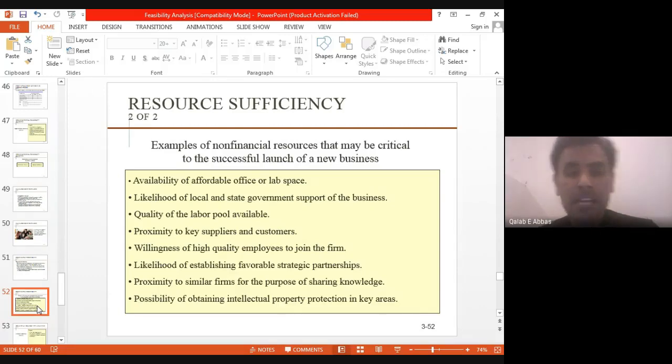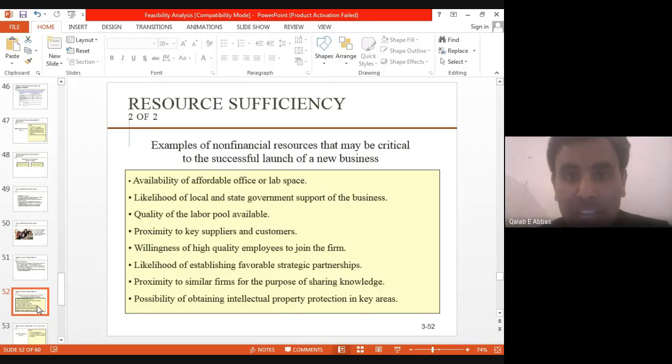If you have a loyal employee, if you have a good skill set of a pool of employees available in your vicinity or in your country who are also willing to join you as a team member, then you cannot calculate this in money either.